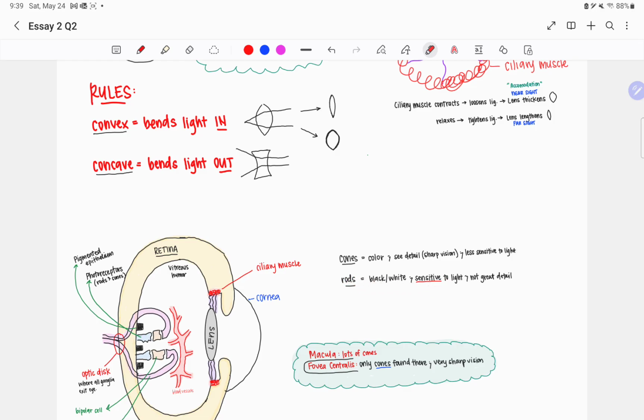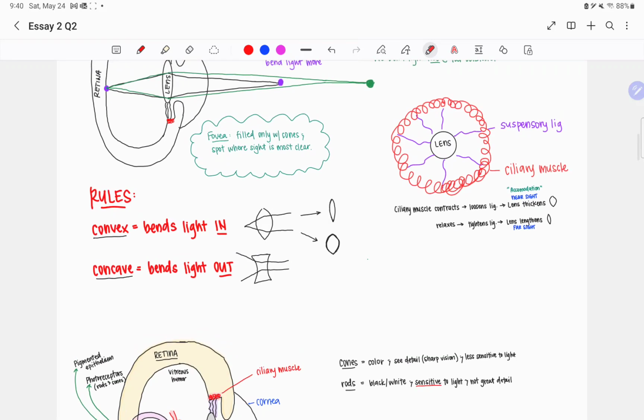called convergence. So multiple rods converge on one bipolar cell, and then multiple bipolar cells converge on one ganglion. And we're going to talk about this stuff in just a second. I know it's probably not making sense right now, but it is important. So anyways, this fovea is filled only with cones, so it's made for super sharp cone images.